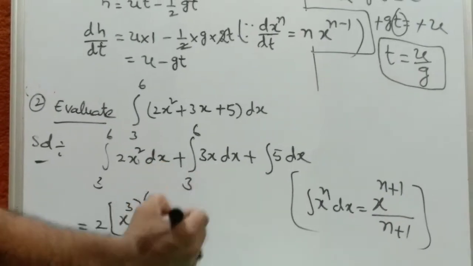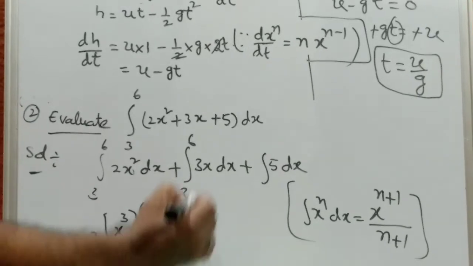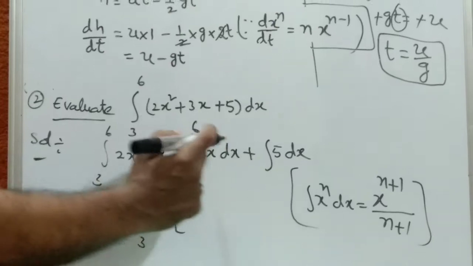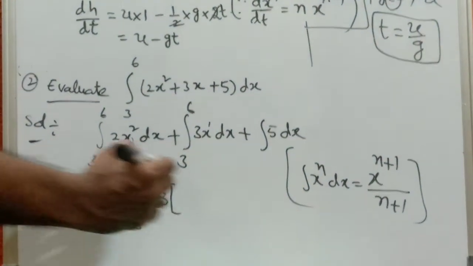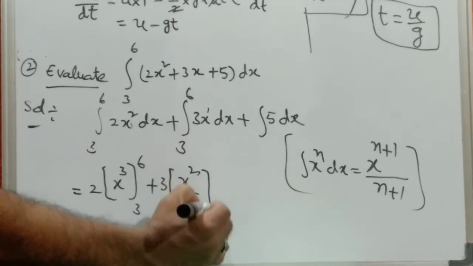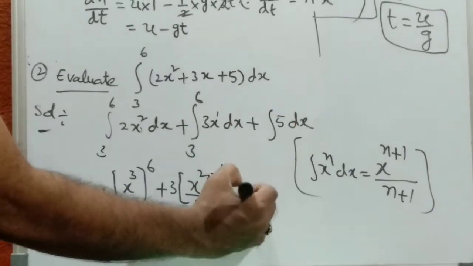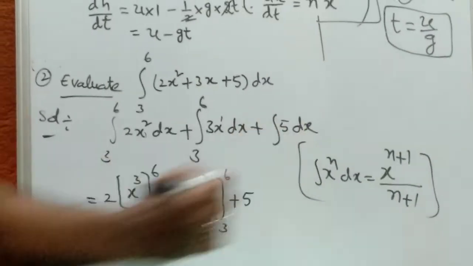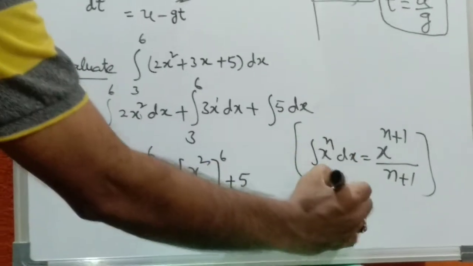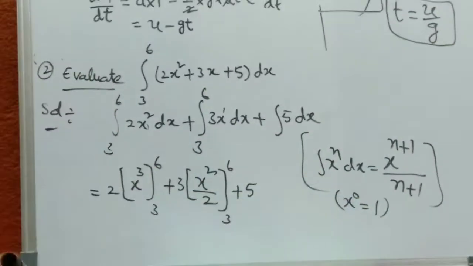Plus 3 taken out and x to the power 1 dx, which gives x squared by 2, limits 3 to 6. Plus 5 taken out, with 1 into dx, where 1 is x to the power 0.